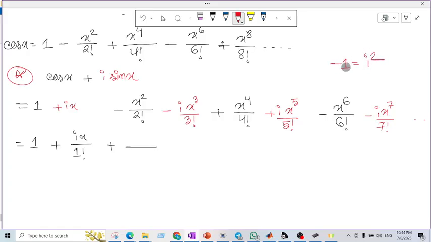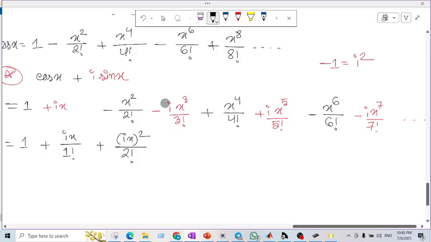Yes, i squared is equal to minus 1. So I can write i squared x squared, which is equal to ix whole squared. Then i squared is equal to minus 1.